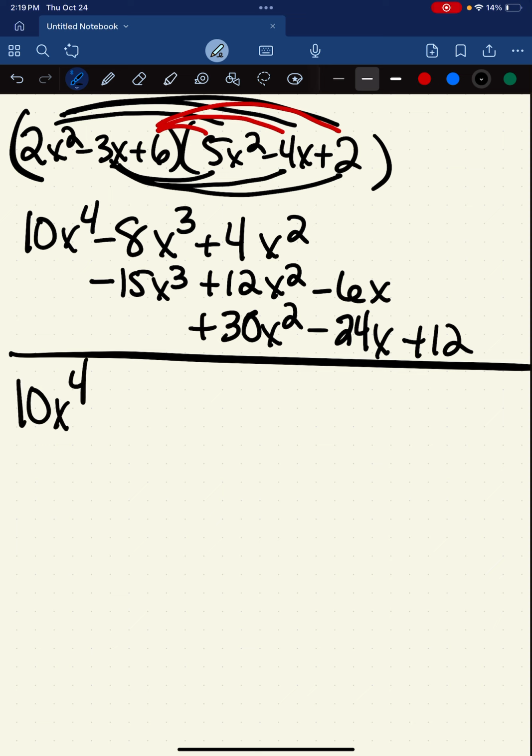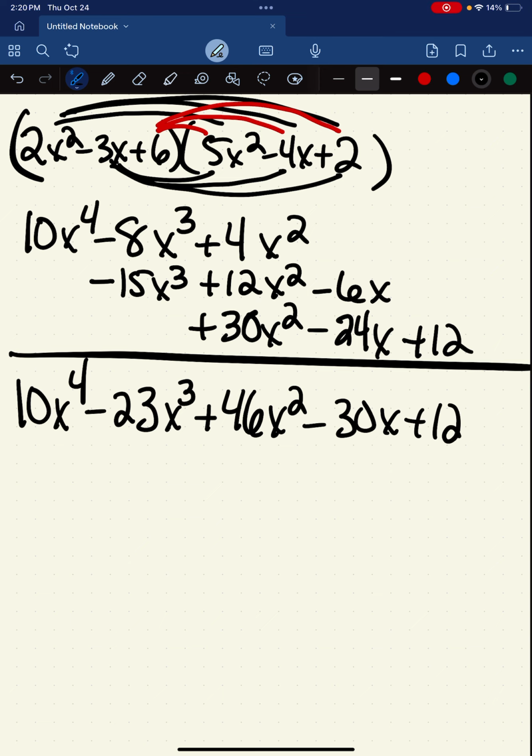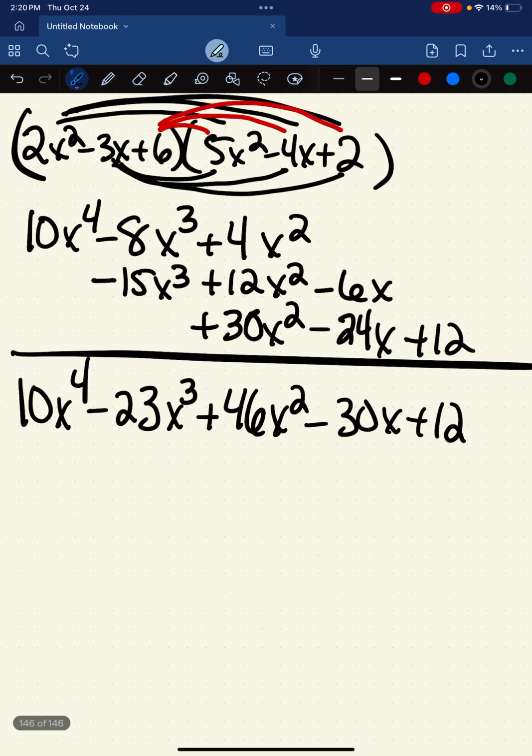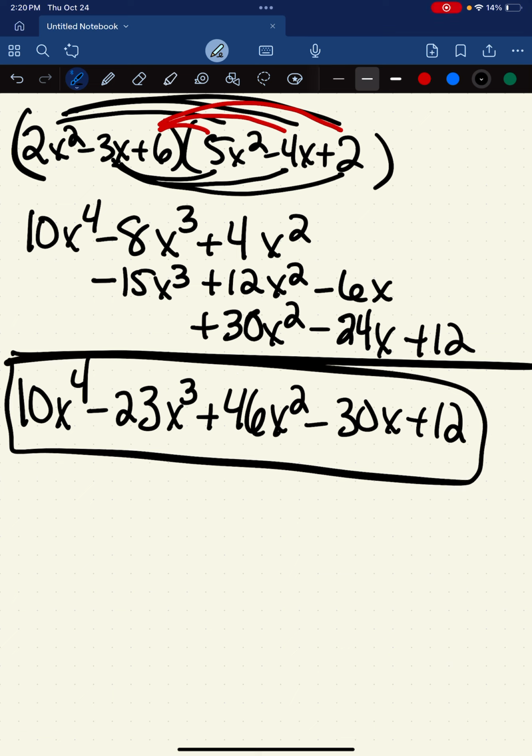Let's add all these together. 10x to the 4th, simplifying all of these, minus 23x cubed plus 4 and 12 make 16 and 30 make 46x squared minus 30x plus 12. Hopefully that's the exact same thing as what we got back here, and it is.